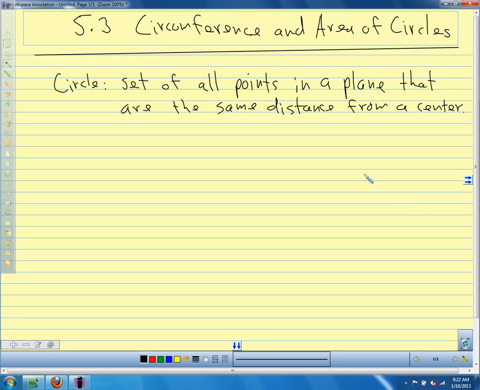So this is how we define a circle. This is how we talk about a circle in technical math language. All points that are the same distance from a center.